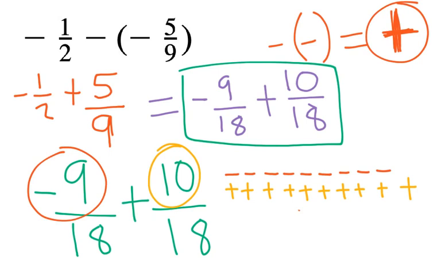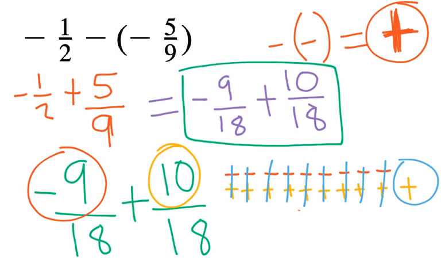Then you've got to ask yourself, which win? Are there more positives or are there more negatives? So I'm going to cross the zeros out. There's a 0, there's a 0, that creates 0, 0, 0, 0, 0, 0, 0. Oh, and look at that. We're left over with 1 positive. One positive being left over means that the positives win by 1.